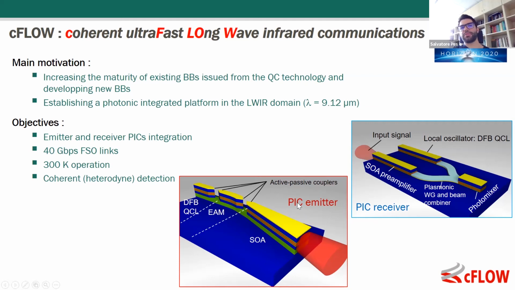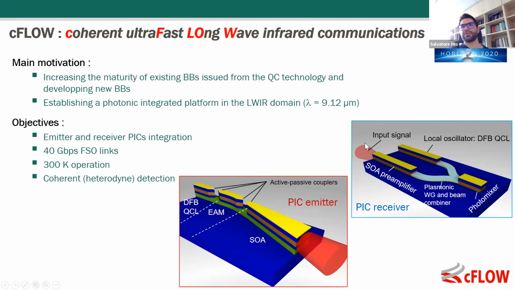The PICs are based on the building blocks sketched here. For the PIC emitter, we have a quantum cascade laser, modulator, and SOI integrated in the same platform with couplers. For the receiver photonic integrated circuit, we are developing a coherent, heterodyne detection platform composed of an SOA and a QCL local oscillator.